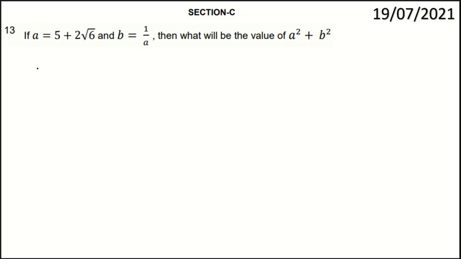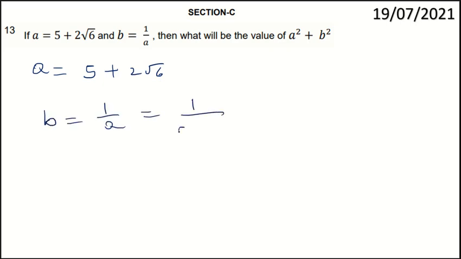So, here a is an irrational number, 5 plus 2 root 6, and b is 1 upon a, which means 1 upon 5 plus 2 root 6, and we have an irrational denominator. We need to rationalize the denominator by multiplying with 5 minus 2 root 6.